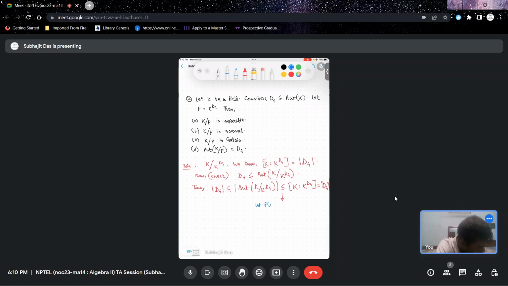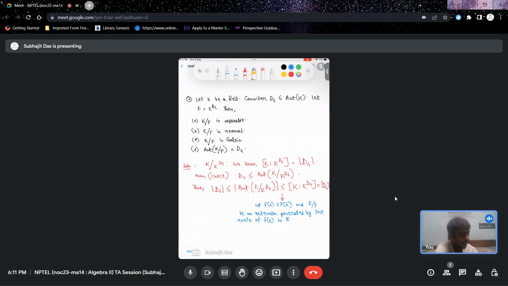Let f(x) in capital F[x] be a polynomial, and let E over F be an extension which is generated by the roots of f(x) in E. So what it means is, if you take f(x) in F[x], and if you assume that E over F is some extension such that alpha 1, alpha 2, up to alpha m is precisely the set of roots of f(x) which are contained in the extension E, then E must be equal to F adjoined with these roots, okay?